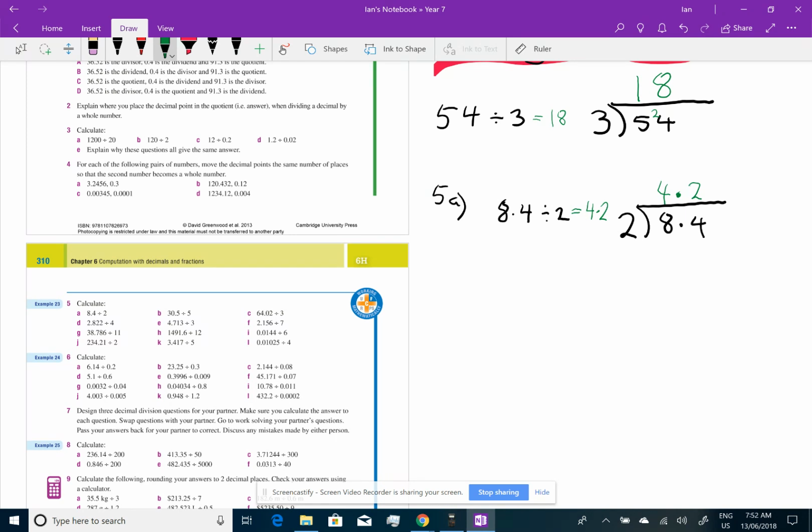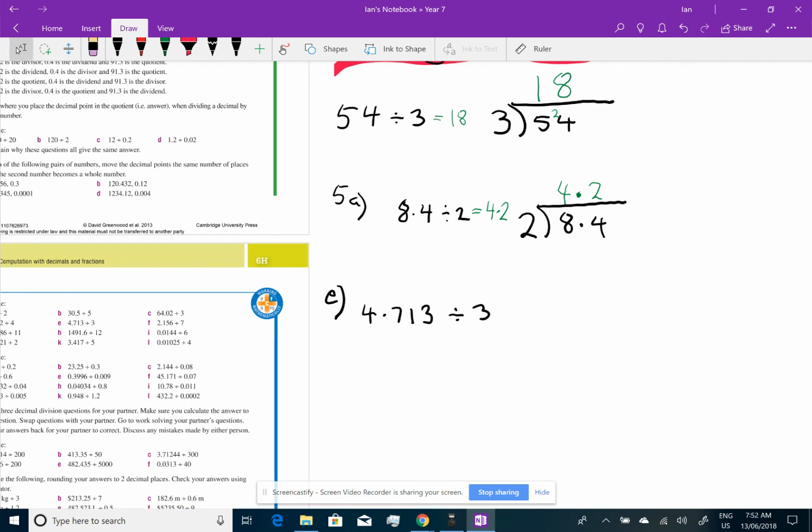What if it's a bit harder? Say, for example, 5e. And we've got 4.713 divided by 3. Well, again, I set up my algorithm. Because we're dividing by a whole number, we don't have to worry. 3, and I just set up the place value system. 4.713.